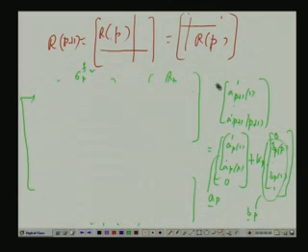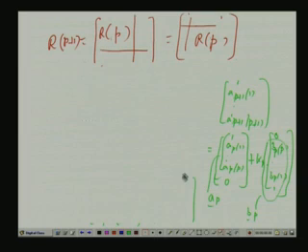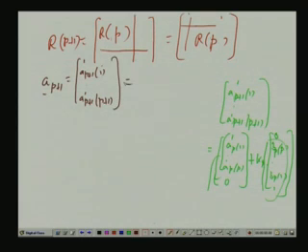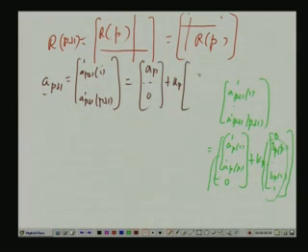Let me erase everything now. What is the solution? A p plus 1, which by definition is of this form, A p plus 1, 1 up to A p plus 1, p plus 1, that is A p, 0 plus Kp, 0, B p.